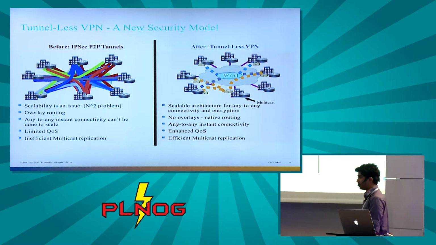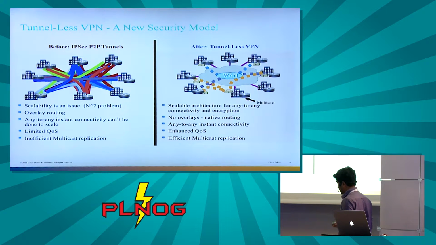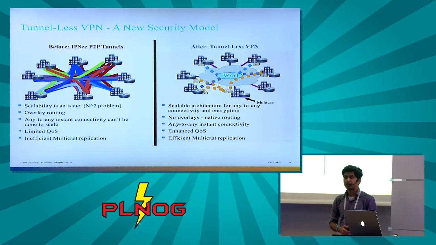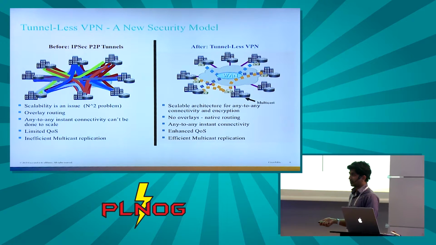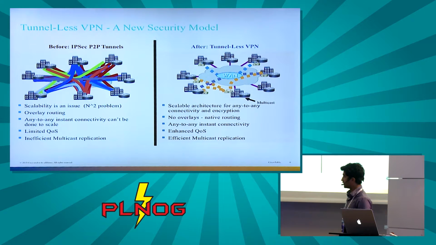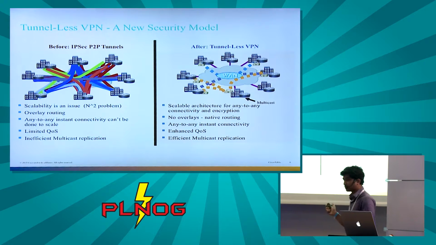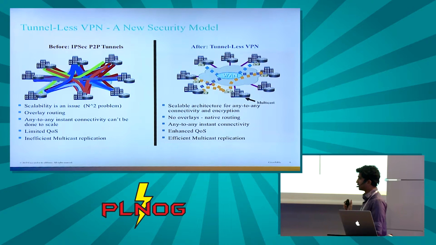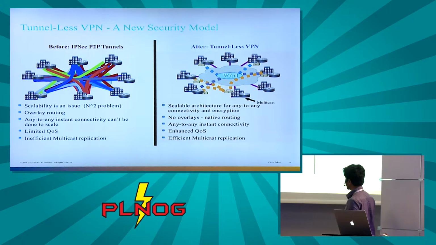But in case of GetVPN, because there are no tunnels, because the devices are programmed to encrypt from any source to any destination, and we'll see how we do that, it's highly scalable. It's as scalable as your original network. And that also provides you with instant any-to-any communication or connectivity.